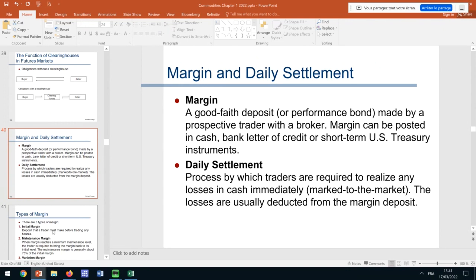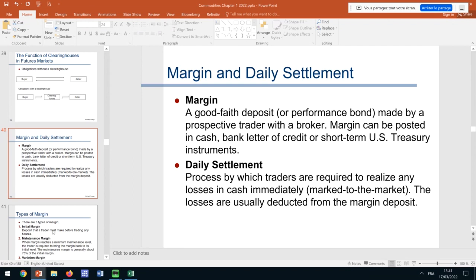Just before, I told you that it doesn't cost you anything to buy a futures contract, and that's strictly speaking true, but of course it doesn't mean that you don't have to deposit any money in the margin account. You just pay a safety deposit, so that if you lose money, the futures clearinghouse can take this money and use it to pay the other counterparty. And that's the margin.